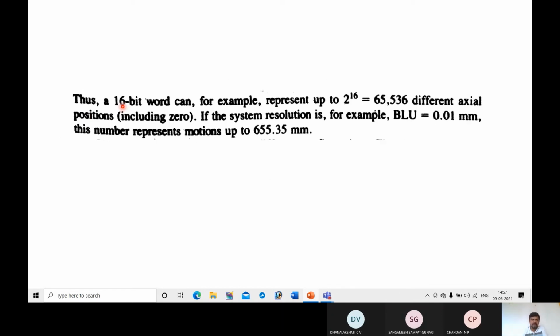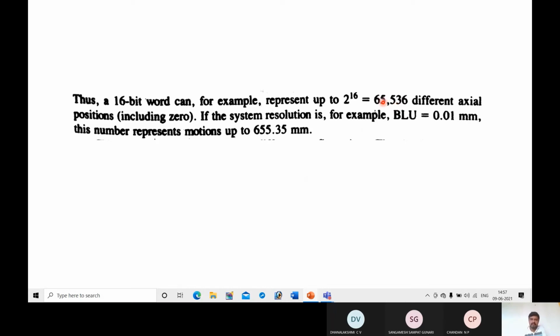Thus, this is an example. A 16-bit word can represent 2 power n, that is 2 power 16. Suppose it is a 16-bit register, so you can use it to store 65,536 different positions. That means if you are using a 16-bit register, you are able to store 65,536 incremental positions.